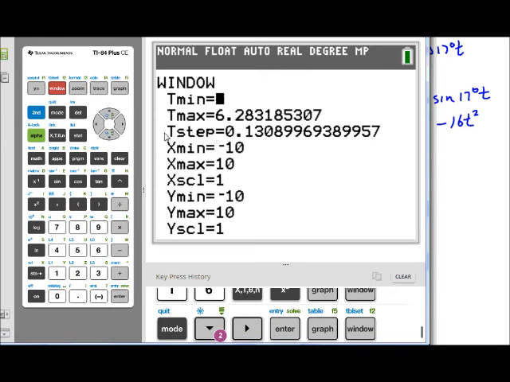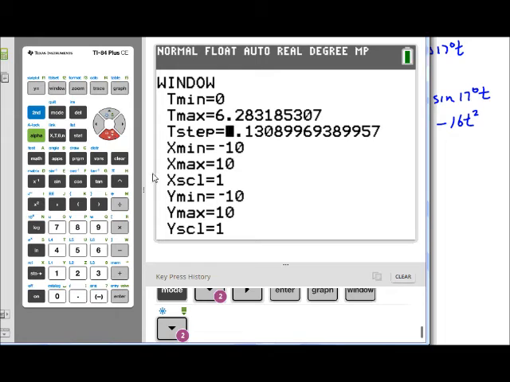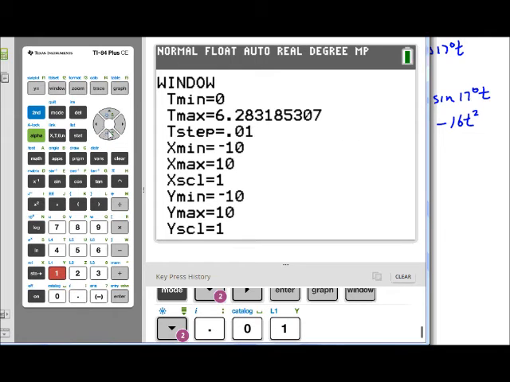And then for t-step, which is the amount of time, I recommend going to 0.01. And 0.01 represents what? 1/100th of a second. Now it's going to mean we're going to be scrolling a long time, but that's going to be helpful to us to get to a more exact resolution when we get to the critical points.